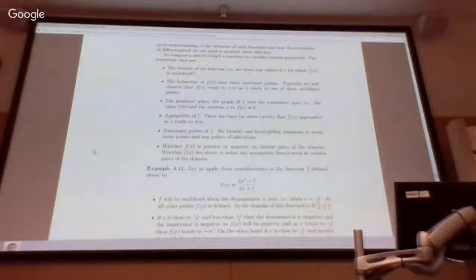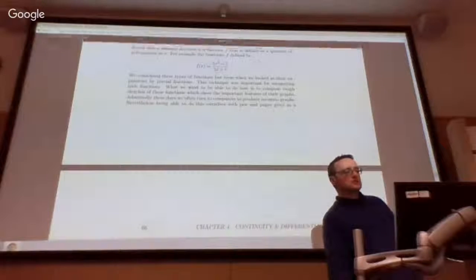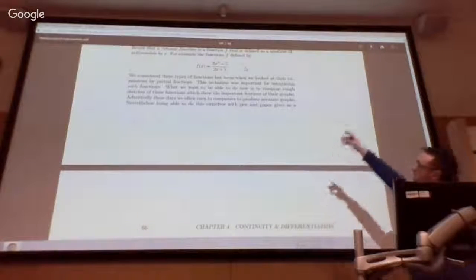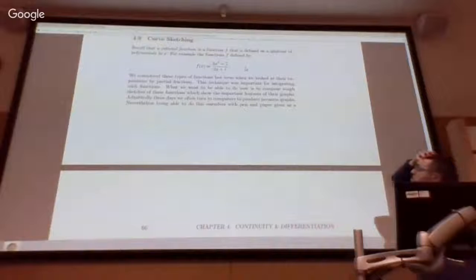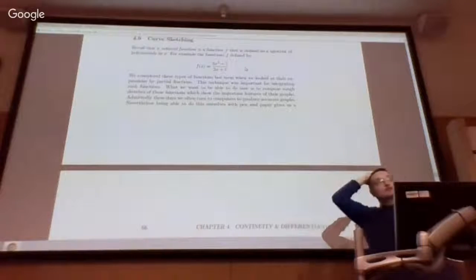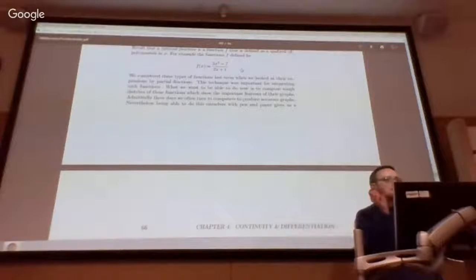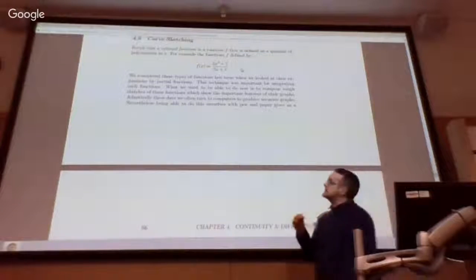So for instance, first of all, you'd be concerned with the validity of the function, what the domain of the formula should be. So with this f of x, you see there is a problem at the point x equals minus a half. At x equals minus a half, the function is undefined. You should be aware of that. So it's probably got some interesting behavior close to x equals minus a half.